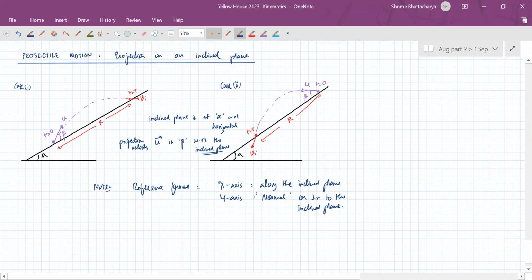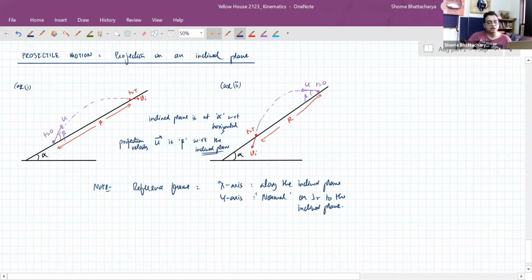That is why in the standard derivation we take x and y as along the inclined surface and perpendicular. Especially to find something like capital R or the time, capital T, is going to be much easier by taking this kind of situation.